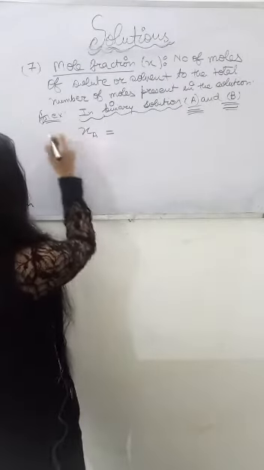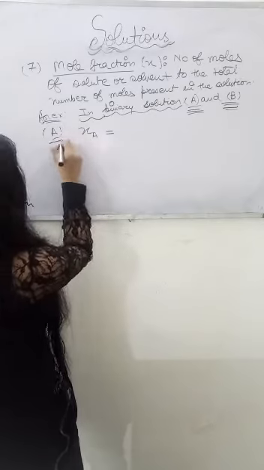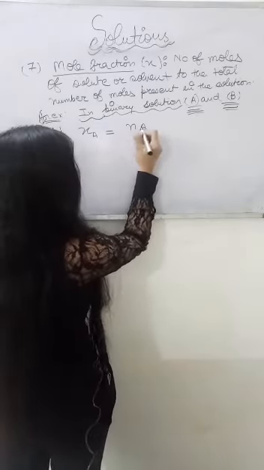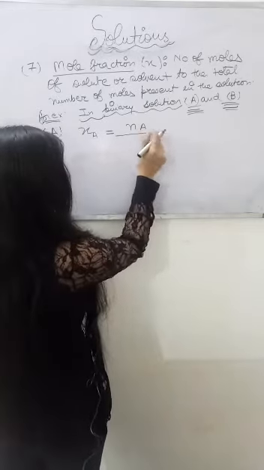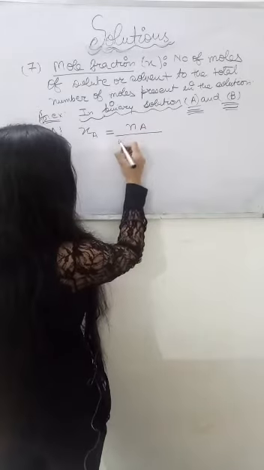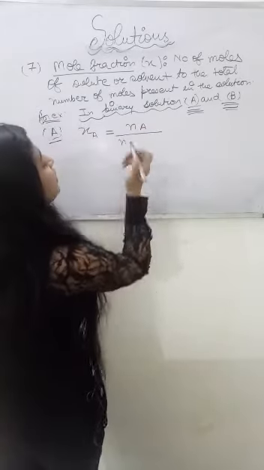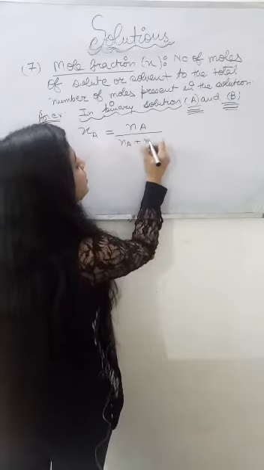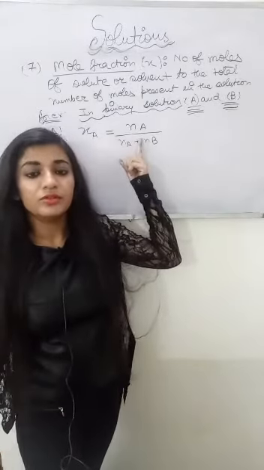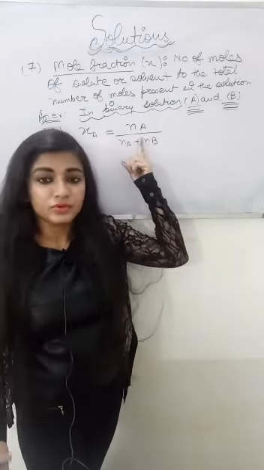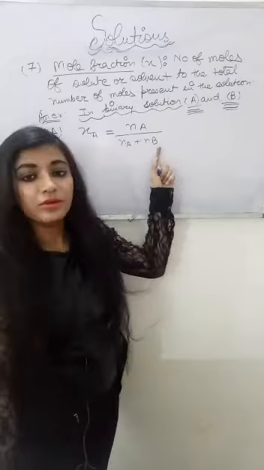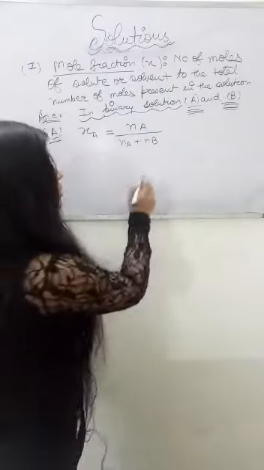If the component is A, then the mole fraction of the A component is moles of A component, Na, which is the number of moles of solute, divided by the moles of solution, that is Na plus Nb.